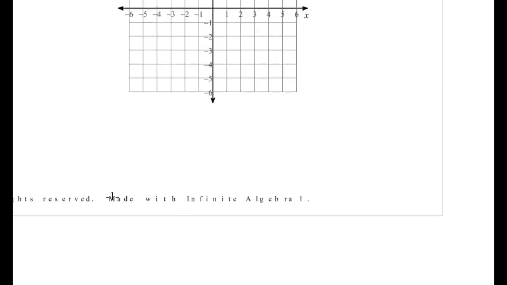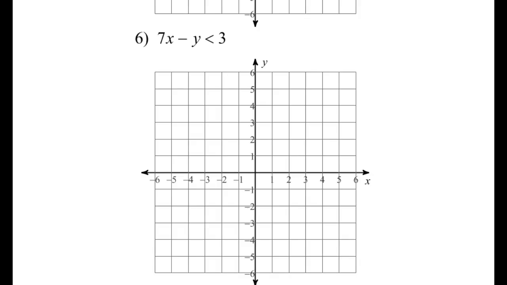Okay, go down to number 6. Let's take a look at that together. There's something I can spot because I've been doing these a while. Anytime there's a negative in front of the y, that's a hint that as you're solving this, you're going to have to divide by that negative.